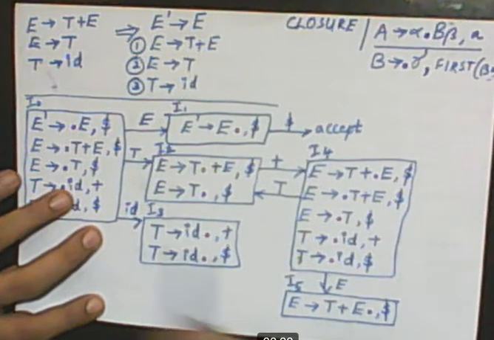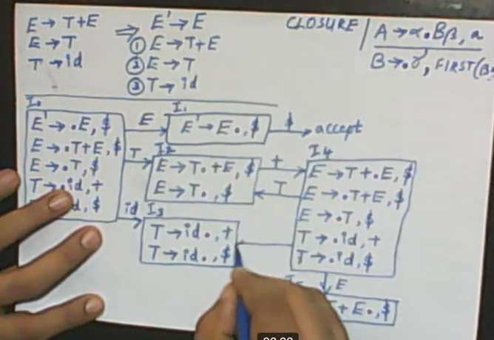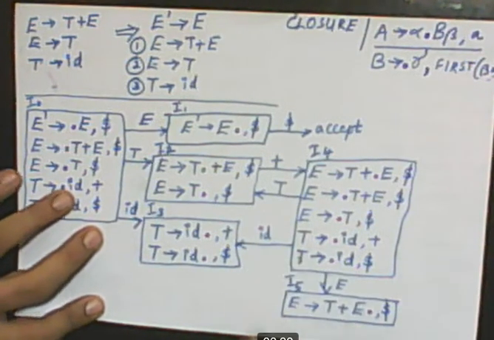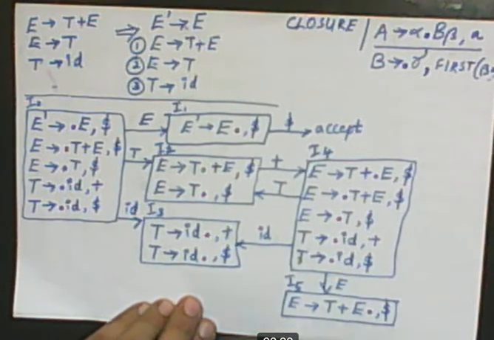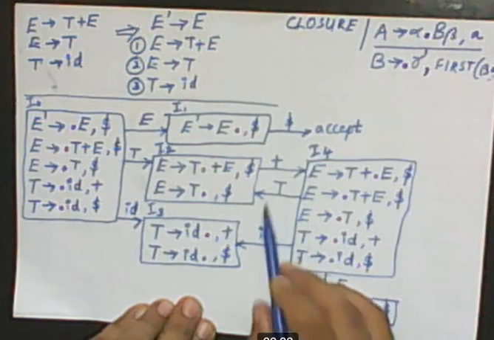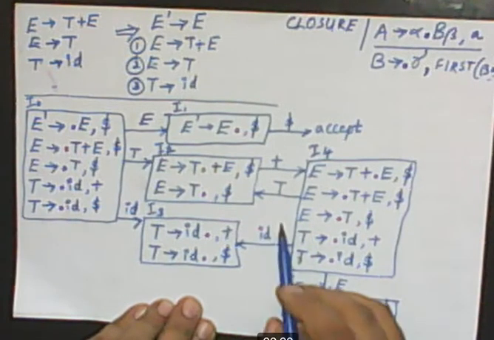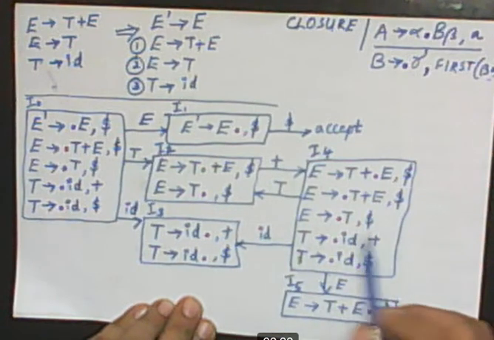It is similar to this state. So you can draw an arrow here also, put ID there. So on ID it goes to this. You can have these two. You need to be careful about all these, because on putting arrows there are all chances that you may find a different state for any transition.